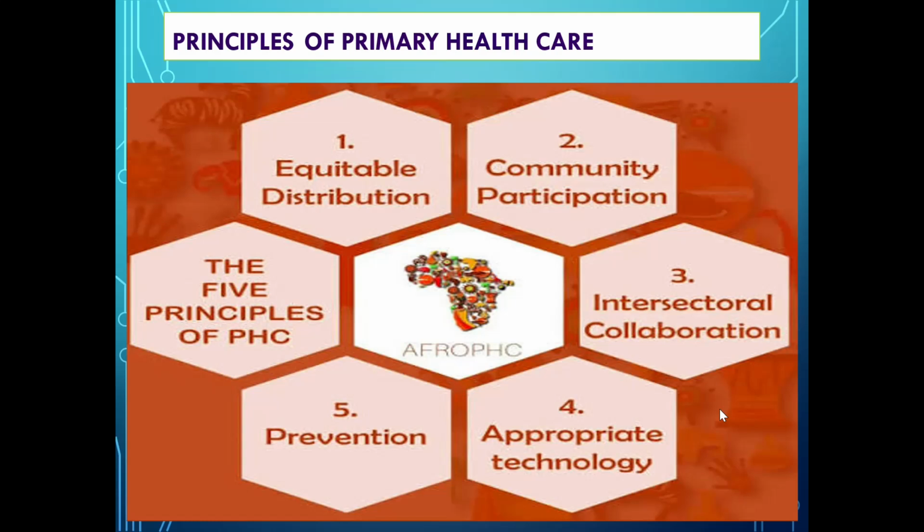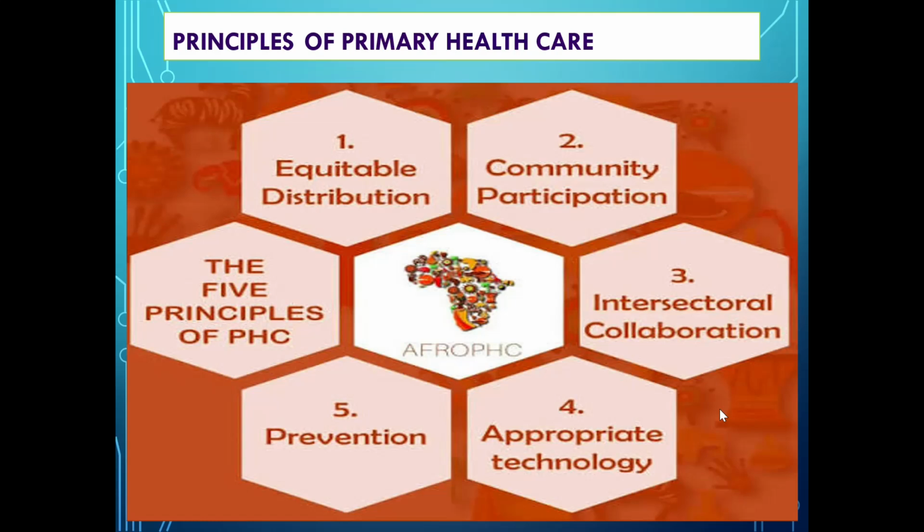And next is appropriate technology, which should be used in the PHCs. It should be up to date. They should have up to date technology implemented for tackling the primary problems of the people who come to the PHC level.